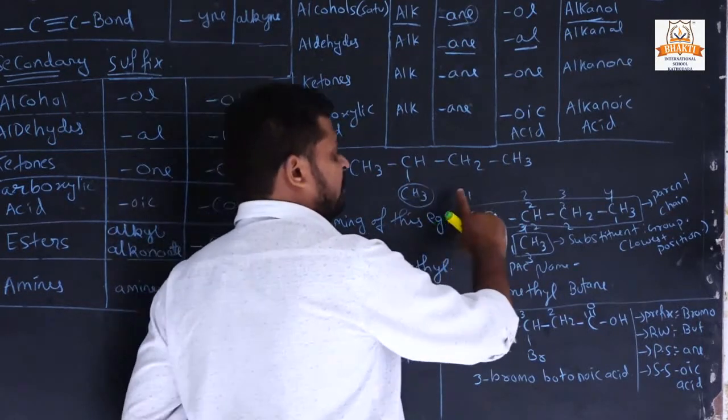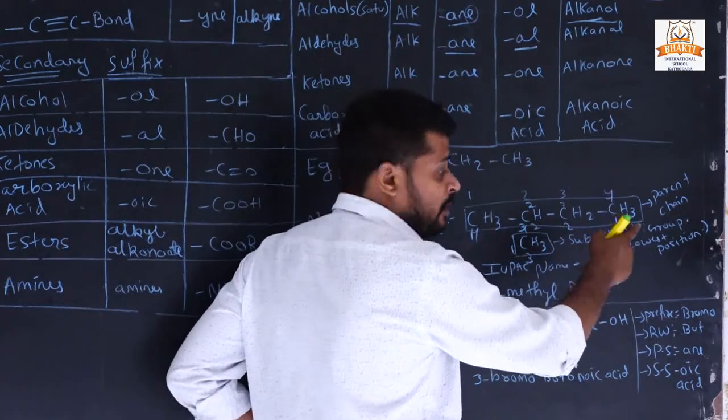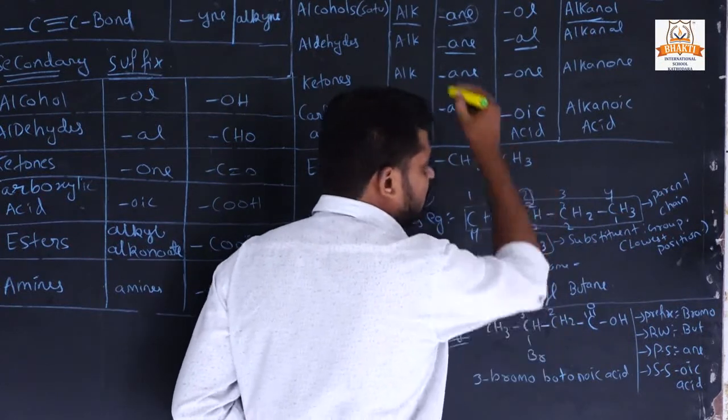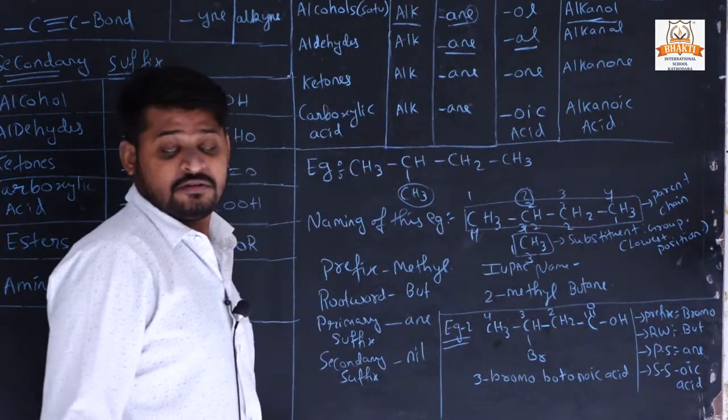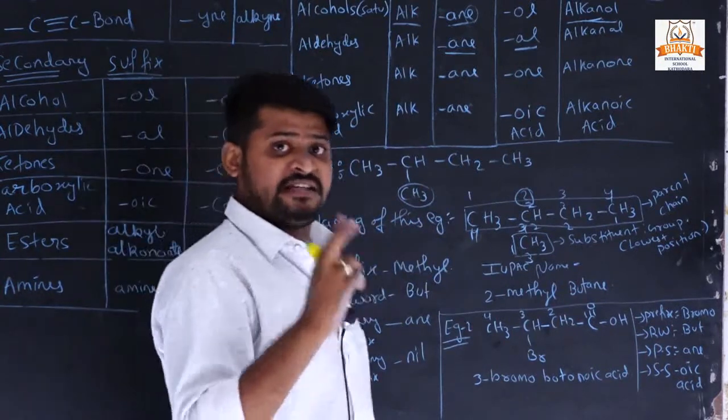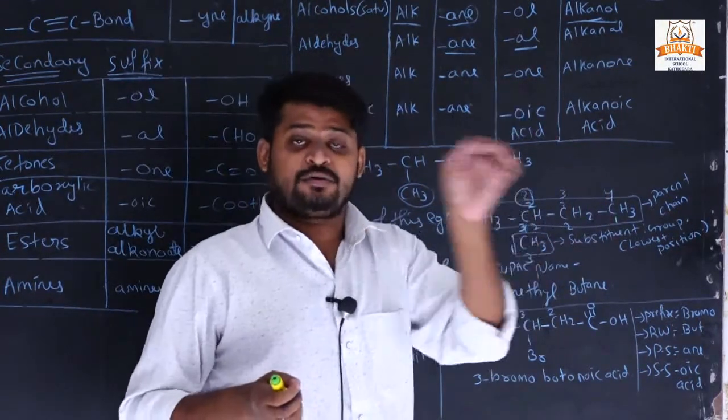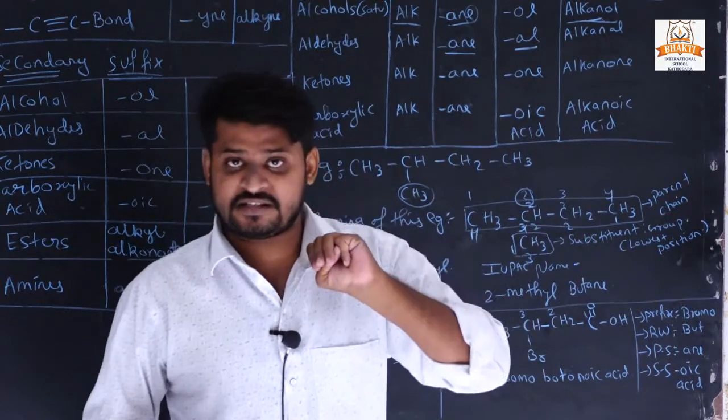When we give the numbering from left to right, the substituent group is attached at the second place.